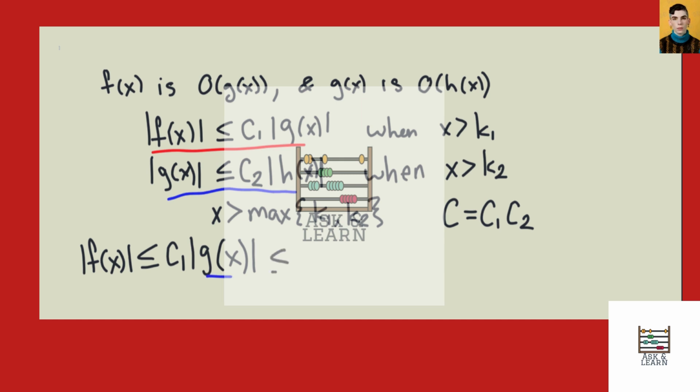So we know that this then must be less than or equal to c1 times the absolute value of c2 times the absolute value of h of x.